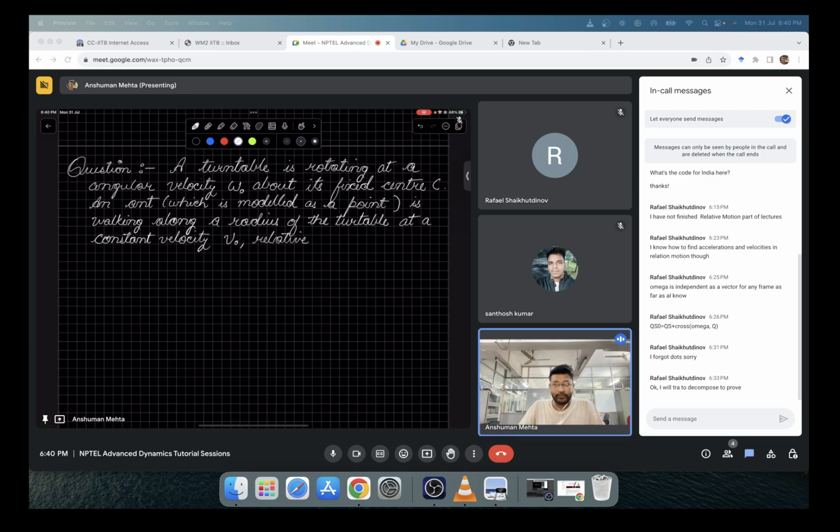Now this is relative to the turntable. This is important, it is relative to the turntable.